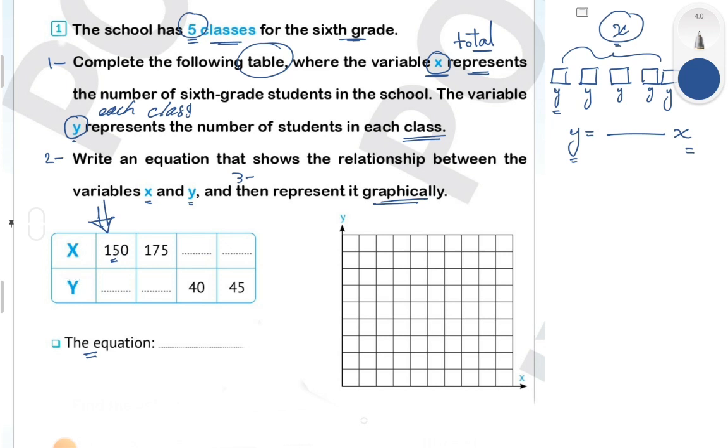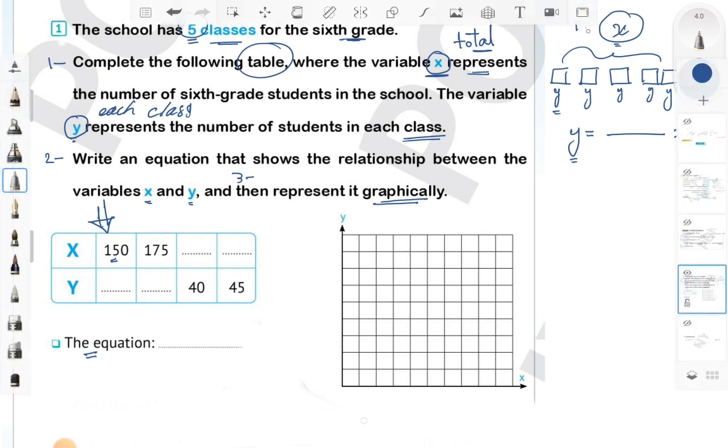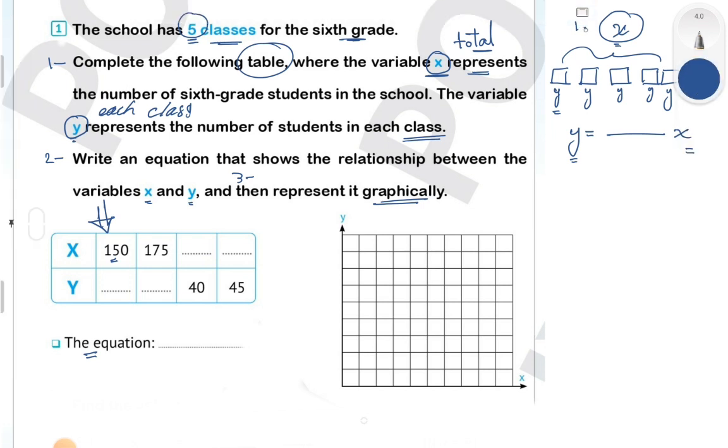If I have 150 students, I need to divide them over 5 classes. So that's easy. I will divide 150 by 5 to find the value of y. That means y will be x divided by 5.